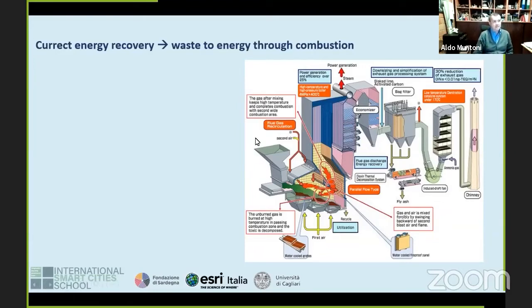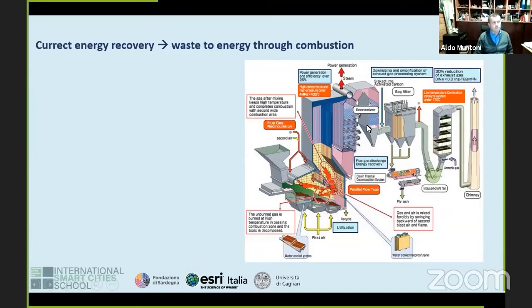But it is characterized by technical limits, and also by the production of very dangerous pollutants like dioxin, for instance, and therefore these waste to energy plants have to be provided with very expensive and effective systems to control the emission of these pollutants into the atmosphere.